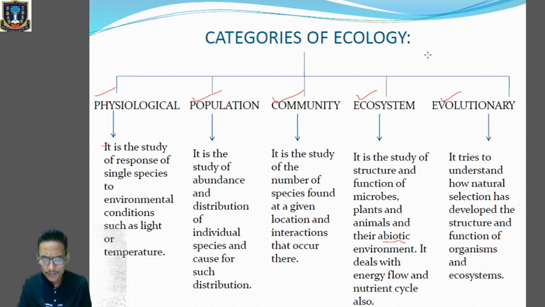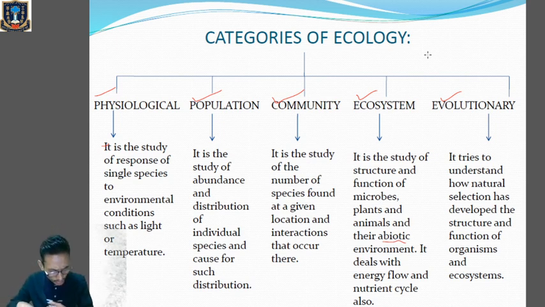So in an ecosystem we are going to learn about the interaction of the living component as well as the non-living component, because microbes, plants and animals are the living component. They are the biotic component, B-I-O-T-I-C. So here we are going to learn about the biotic component, the living component, as well as the abiotic component. Abiotic means non-living component. Clear?